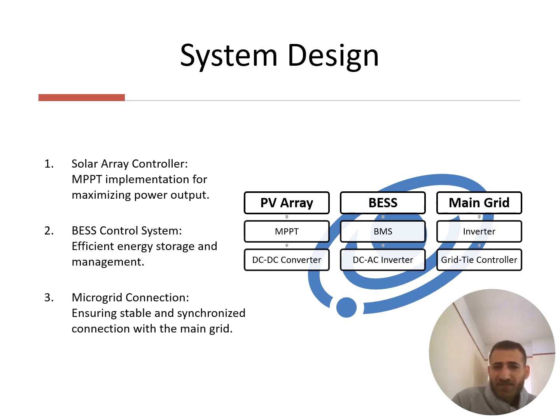And both the PV system and the BESS are feeding the grid tie controller that synchronizes and manages the power flow from the main grid and to the main grid, ensuring stable and reliable operation. And this comprehensive layout ensures seamless integration and optimal performance of the microgrid.